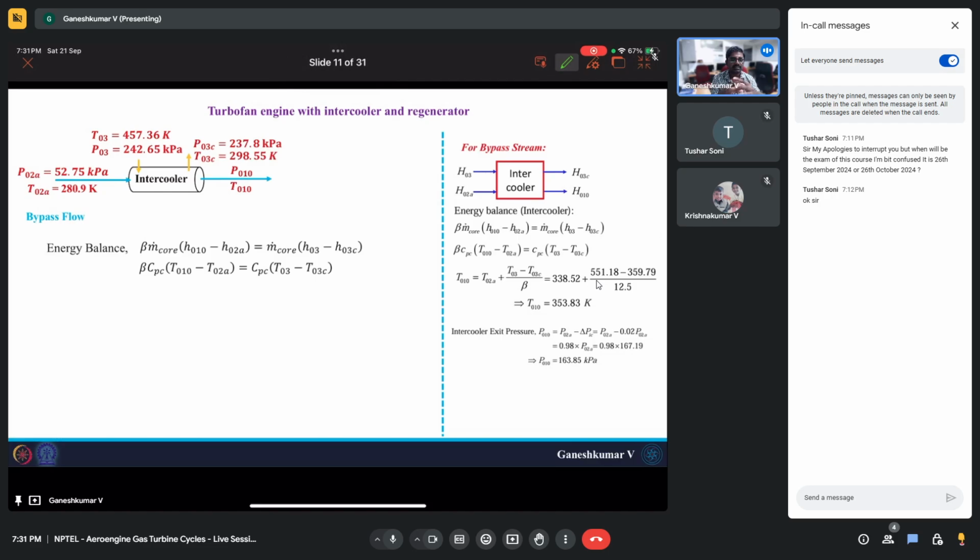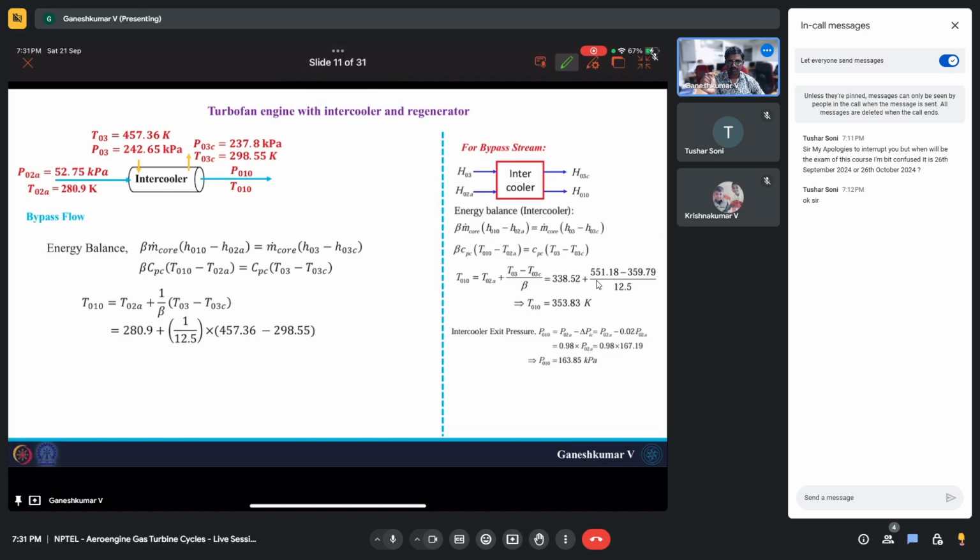Whatever energy is lost by the core stream is the energy gained by the bypass stream. So that is what we wrote here: beta into m dot core into (H010 minus H02A) is equal to m dot core into (H03 minus H03C). Okay, so m dot core goes away, and you will end up having this kind of formula.